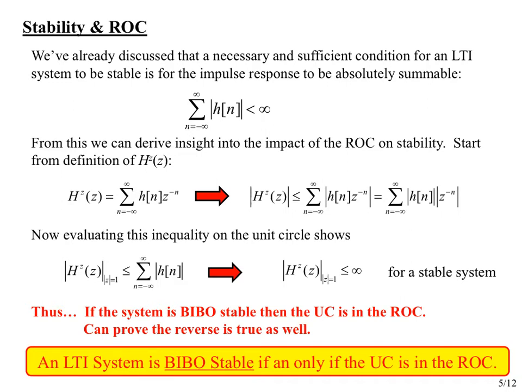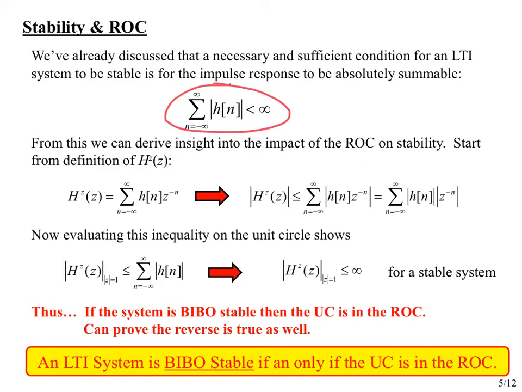And so now we can talk about the interaction between the region of convergence and stability. So early on we saw that a necessary and sufficient condition for an LTI system to be stable is that the impulse response is absolutely summable. So the absolutely part means you take the absolute value.